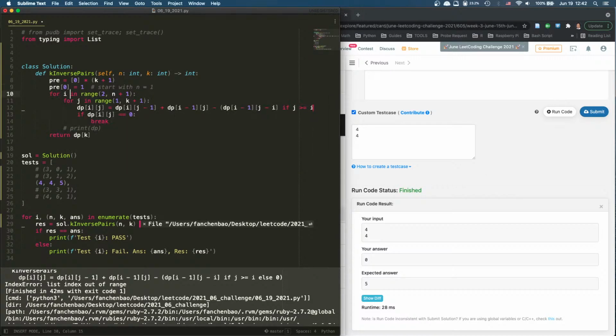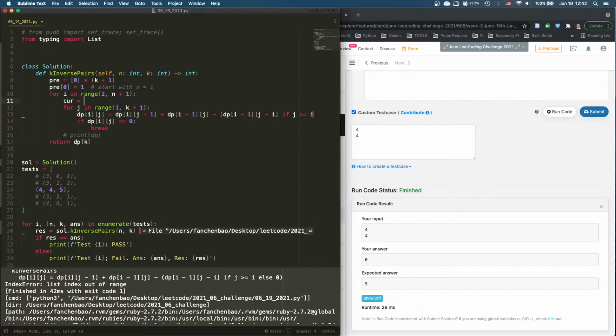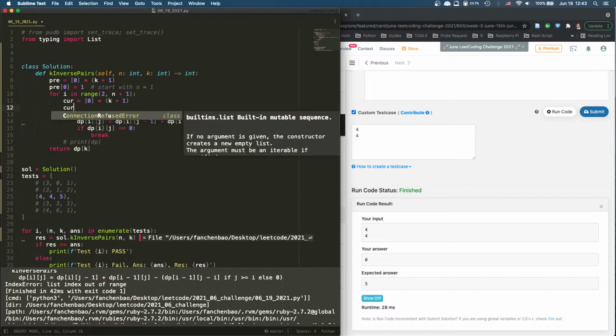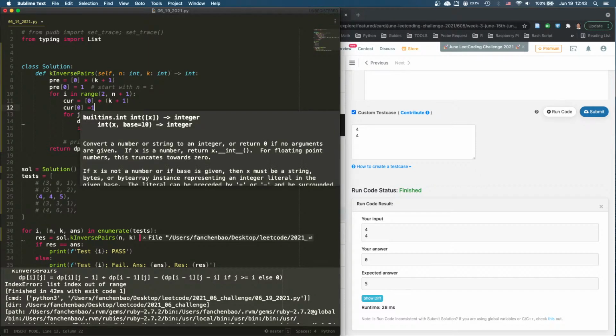And then for i in this, for j in this, current array is going to be this one as well, times k plus 1, right? Now current array is this, and current 0 equals 1 as well.